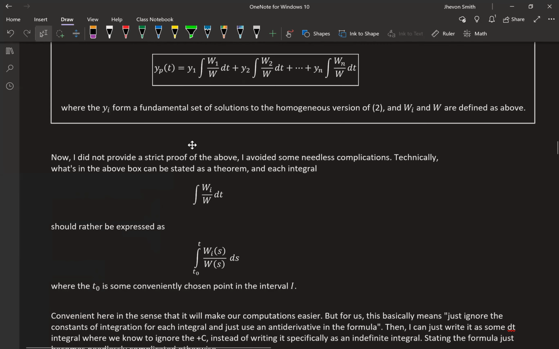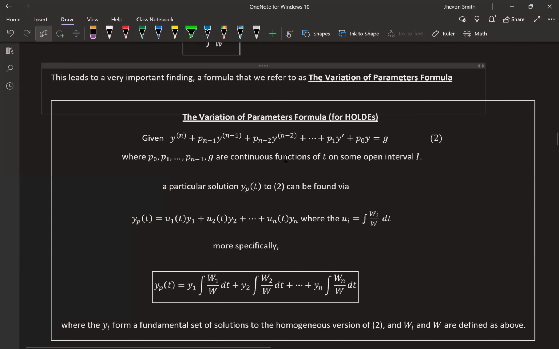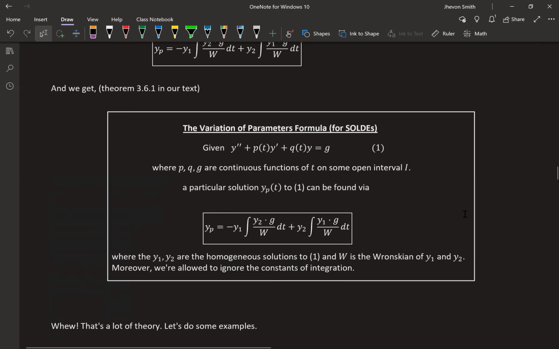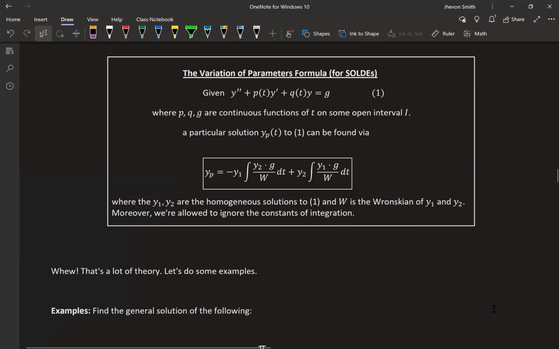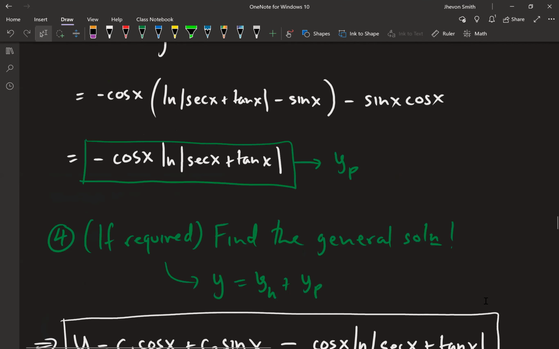You don't need to know that though. You will need to know this formula for when we hit higher order differential equations in chapter 4. But for now, you just need to remember this formula over here for second order ODEs. And it comes down to applying those formulas in conjunction with finding the homogeneous solutions, which I taught you to do in a previous class. And that's that. That's variation of parameters.